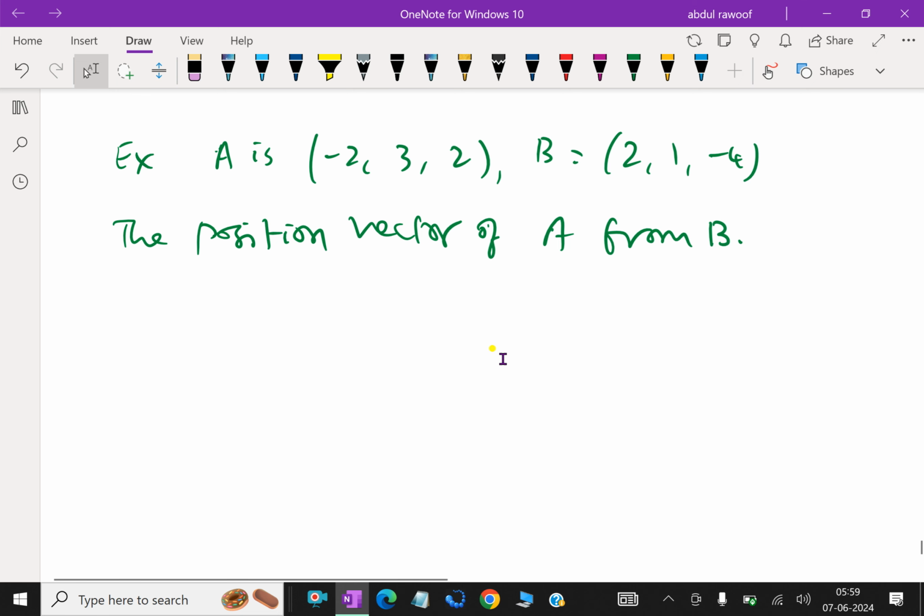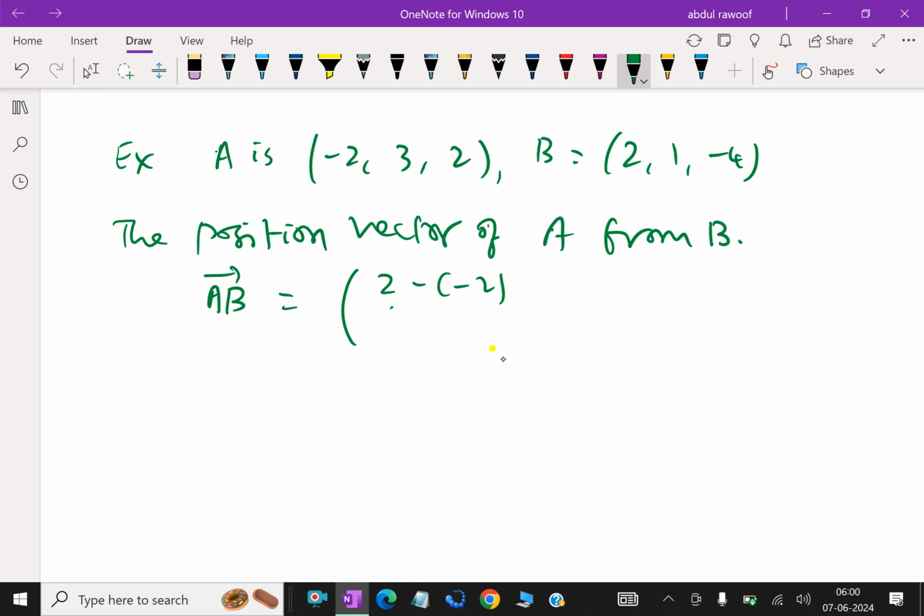That is vector BA is equal to B minus A: 2 minus of minus 2, 1 minus 3 and minus 4 minus 2. This equals 4, minus 2, minus 6.